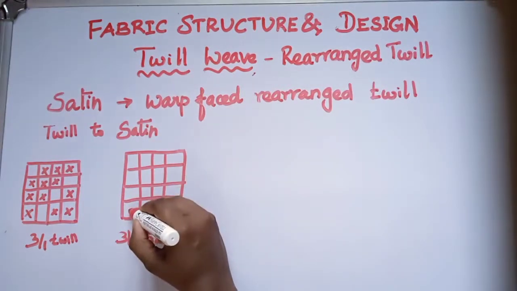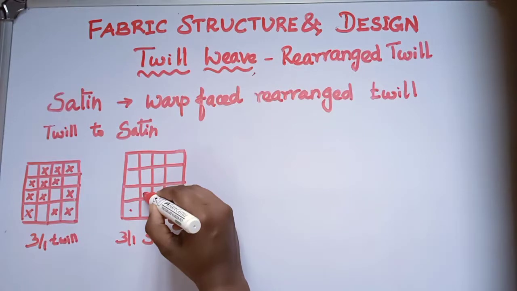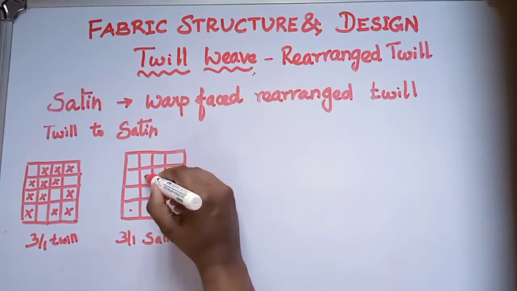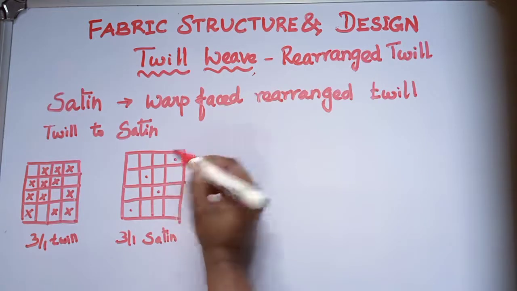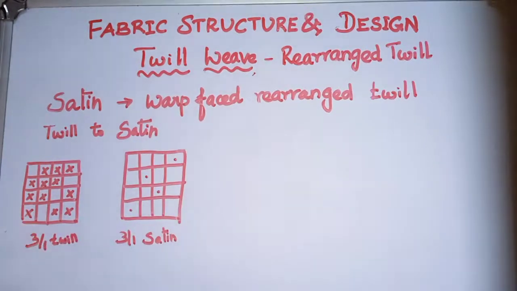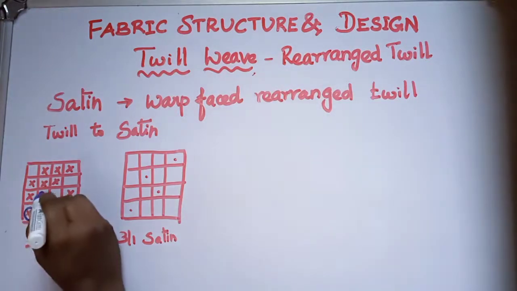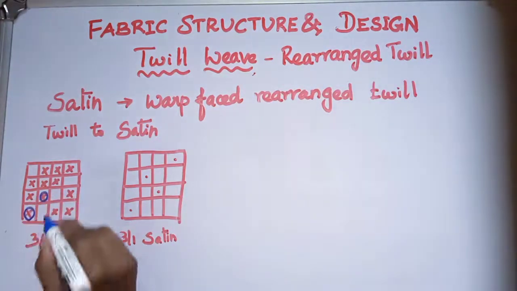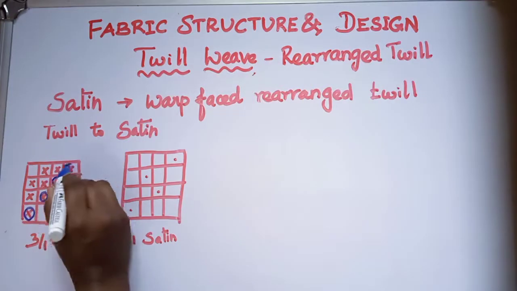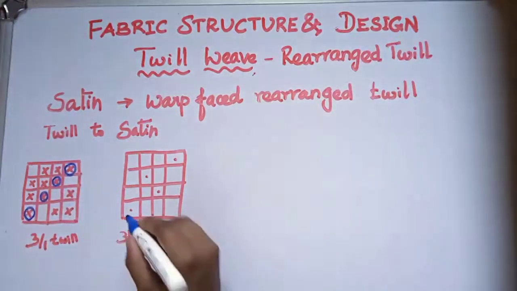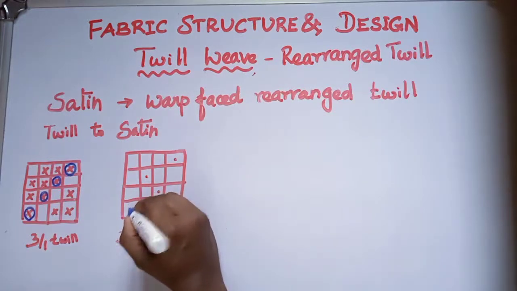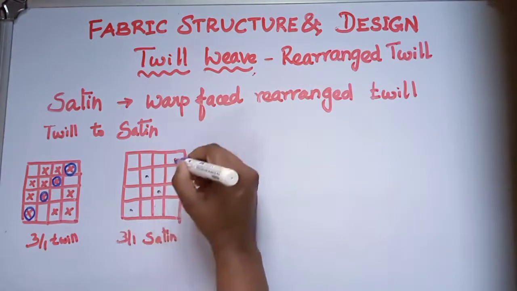For example, in the second warp the starting point may be 3, and this may be 2 and this may be 4. In regular twill weave the starting point is 1 2 3 4. In 3 by 1 satin the starting point is 1 3 2 4.